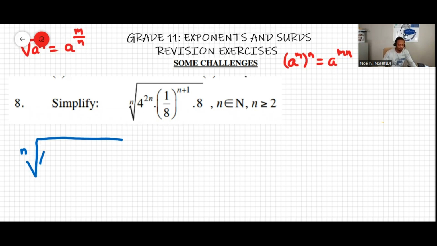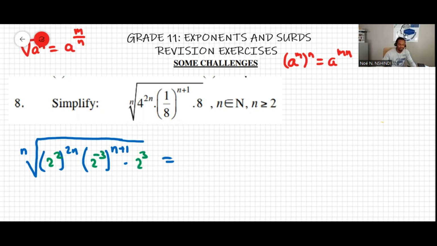So that's 4 to the 2n multiplied by 4 to the n plus 1 multiplied by 1 over 8. Now 4 will be 2 squared, and 8 is 2 to the power 3, so we can write 2 to the negative 3 because it's at the denominator, and then this 8 here can be written also as 2 to the power 3.